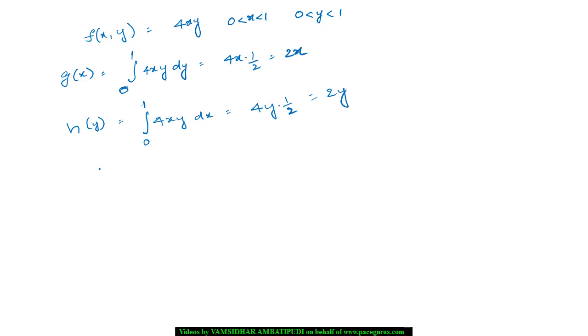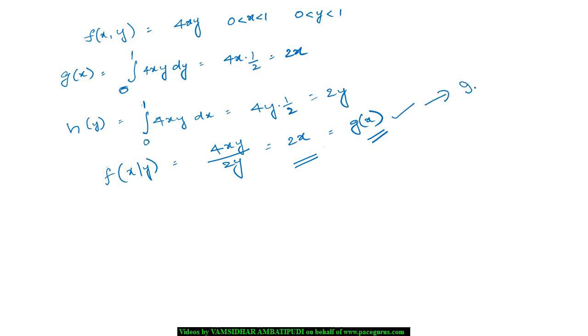Then I have to find out f of x given y equal to y, which is f of x comma y, which is 4xy, divided by h of y, which is 2y, which is equal to 2x, which is g of x. So you could see in this case that the conditional density of x given y is the same as the marginal density function of x, which is what is leading to x and y being independent, right?